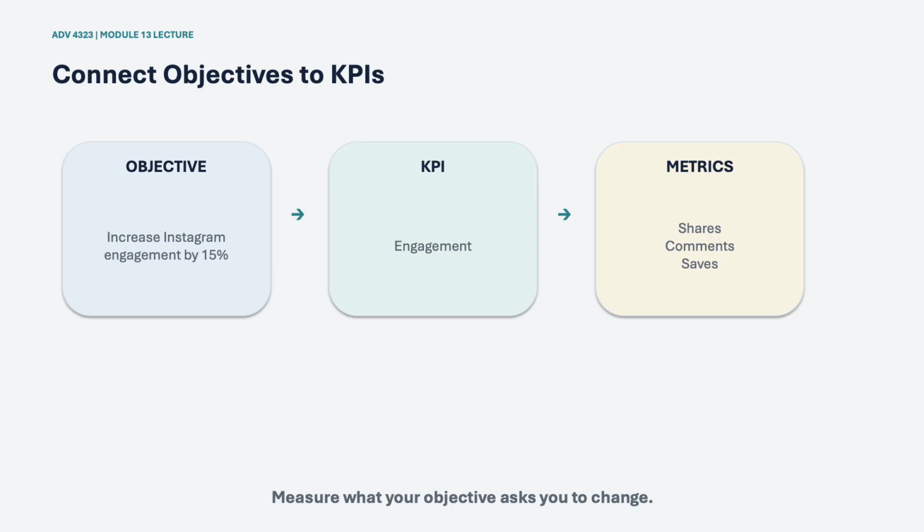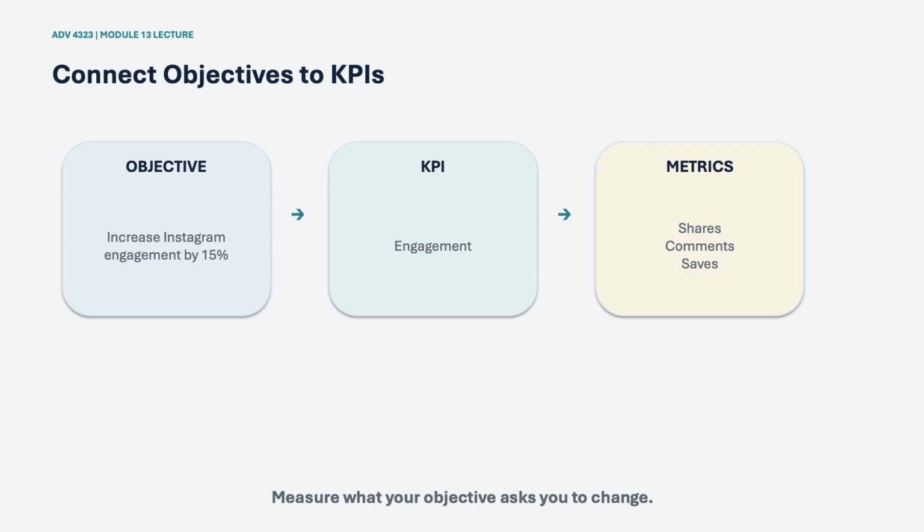As it relates to your KPIs, Module 12 becomes particularly important here. Once you know what you want to accomplish, you need to determine how you will know whether you accomplished it. That's where KPIs and metrics come in. If your objective is to increase engagement, for example, your measurement should actually tell you something about engagement.